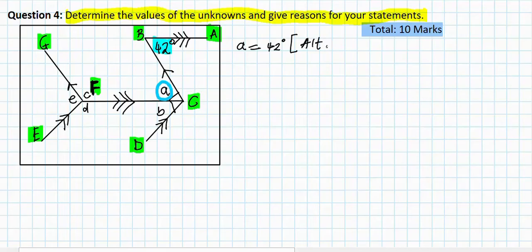Z formation is for what? Alternating angles. Which parallel lines are they using? BA is parallel to FC. Like that, right? And then we found that one out. Let's write it down. Maybe we might need it. Who knows? Maybe we might need to see that this is 42 degrees right there.